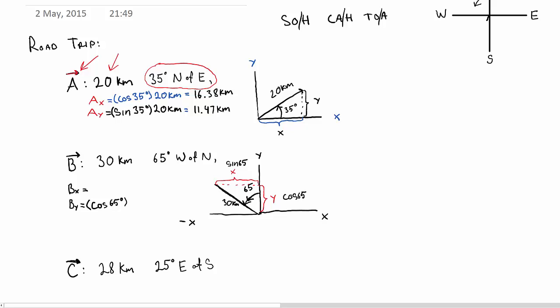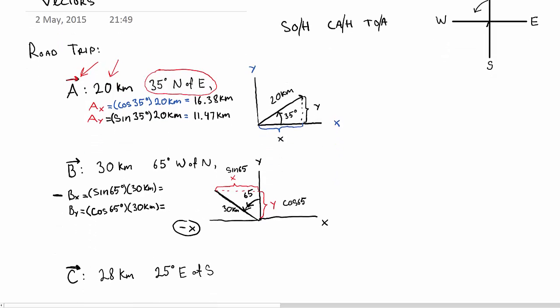And also notice that this is going in the negative x direction, so our x is going to be negative, times 30 kilometers. And y is going to be sine 65 degrees times 30 kilometers.